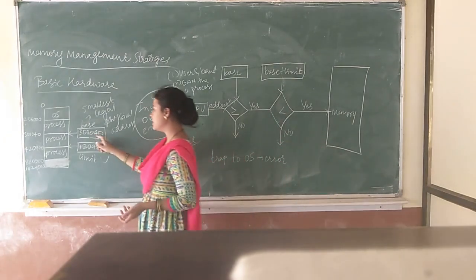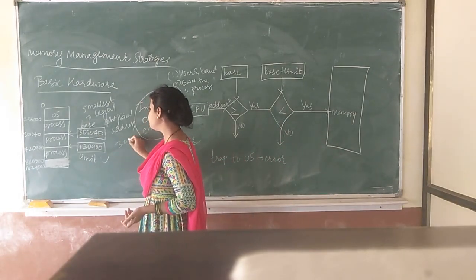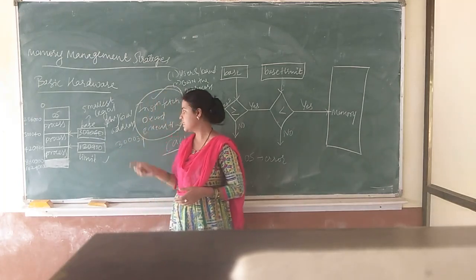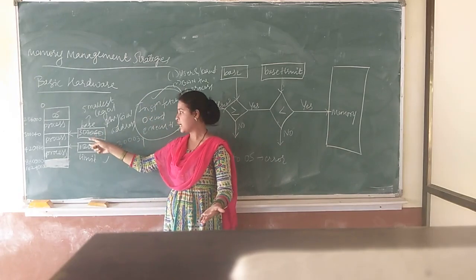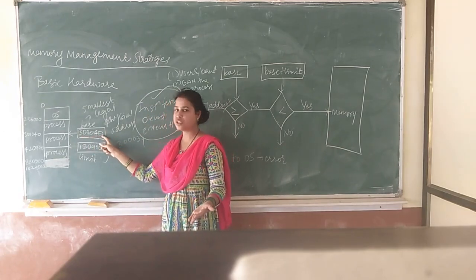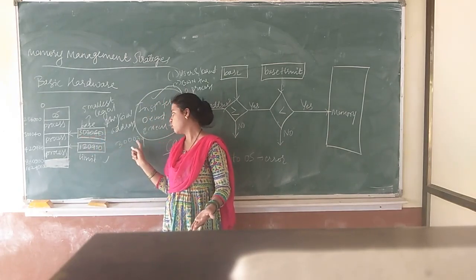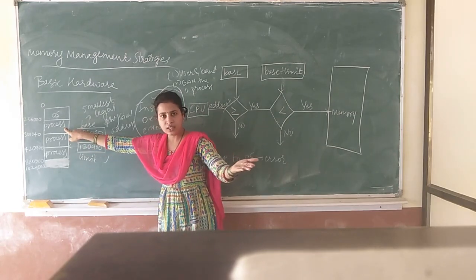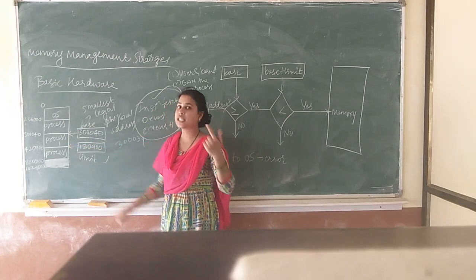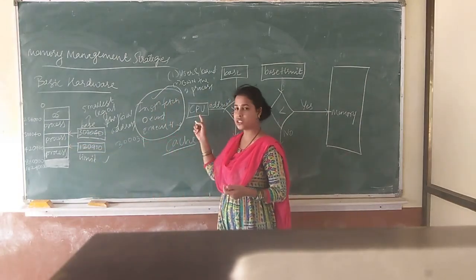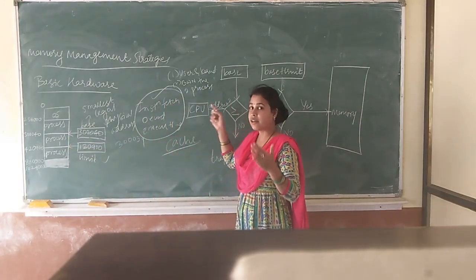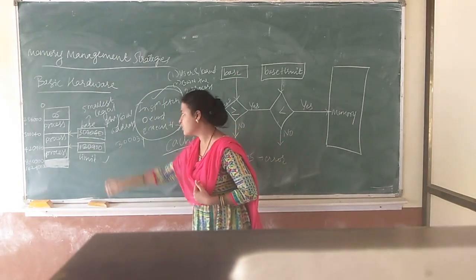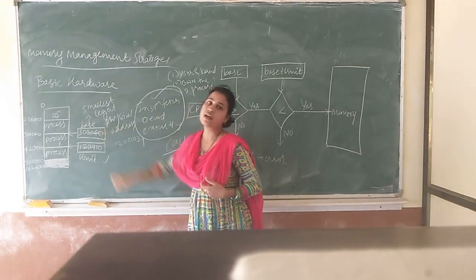Suppose this is your base register, and suppose I give an address like this. The base itself is starting from 300040. So if I give 300039, this is belonging to some previous process. It is not there with this. So it is checking the first condition, whether the address generated by the CPU is greater than or equal to the base register. It should be at least minimum equal to this base register.